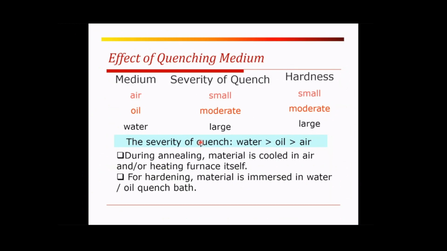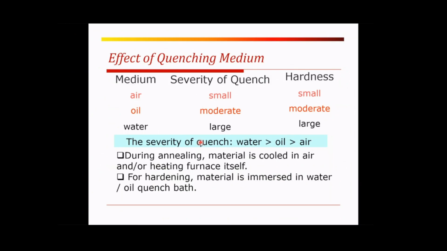In the air medium, quenching is very small, so hardness is also small. In the oil medium, quenching is moderate, so hardness is also moderate. In the water medium, quenching is very large, so hardness is also large.